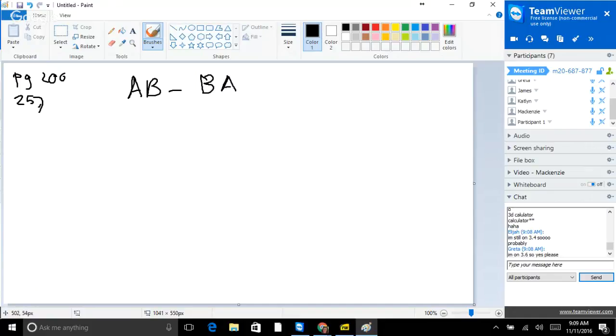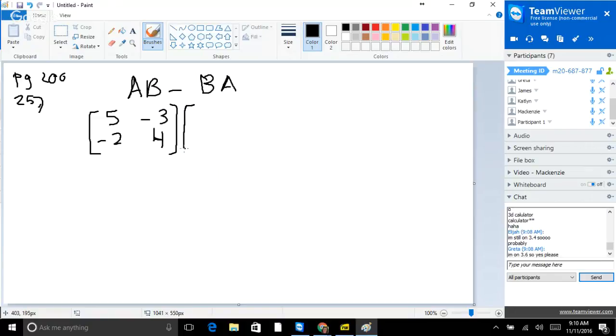Okay, so what we need to do is figure out what the A and B matrices are, which is written right above there. So matrix A is 5, -3, -2, 4, if I can write correctly.